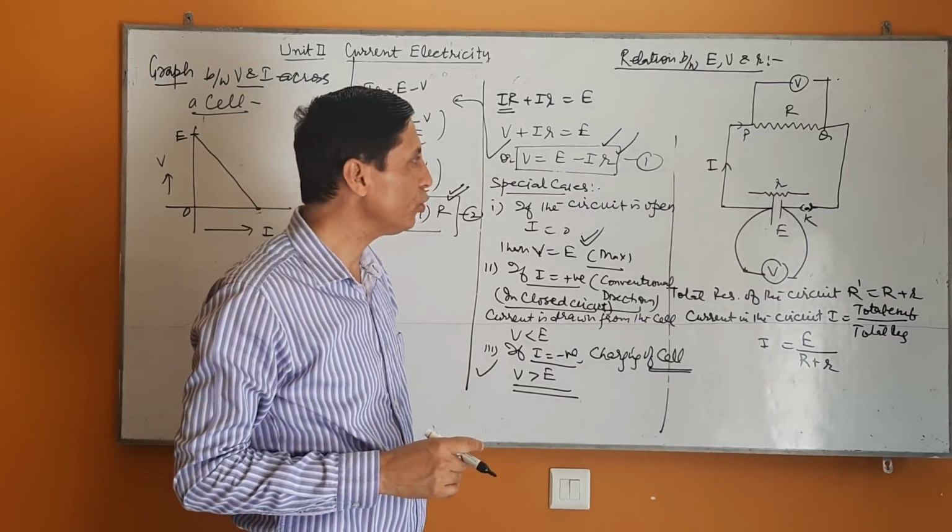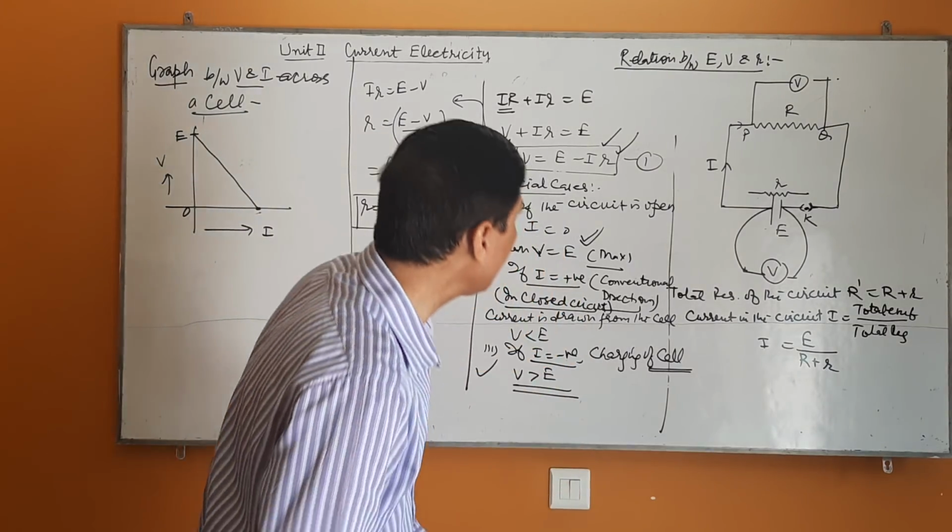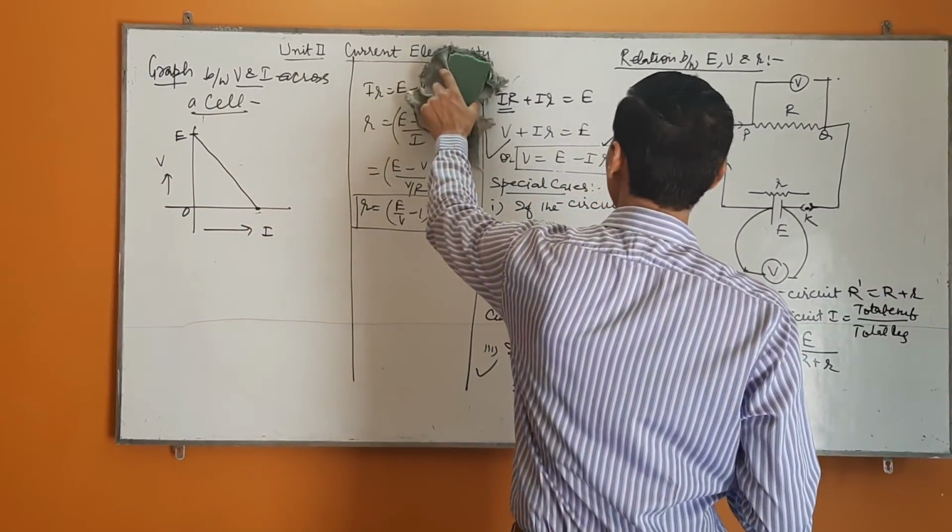But don't get confused. Earlier you have read a graph between V and I by Ohm's law, and this graph is like this.